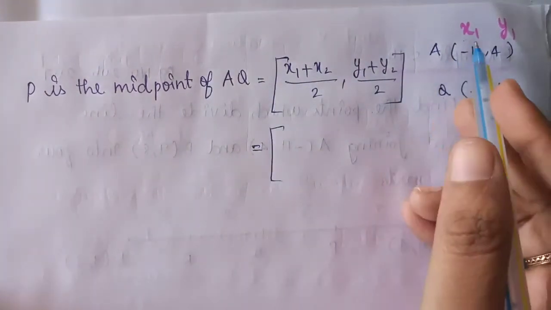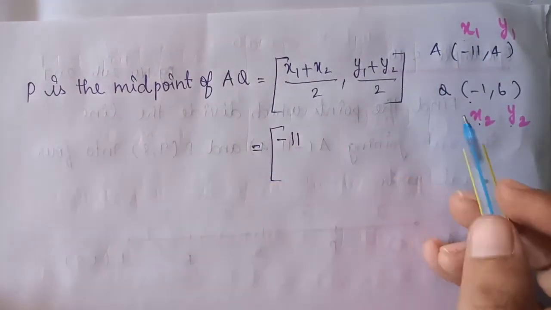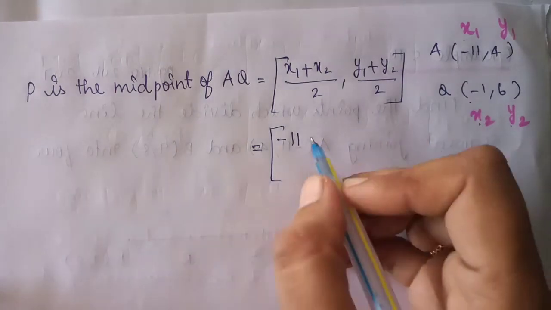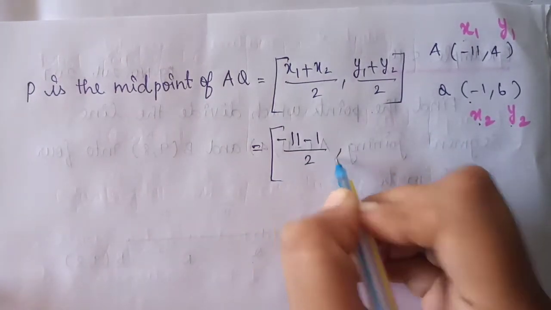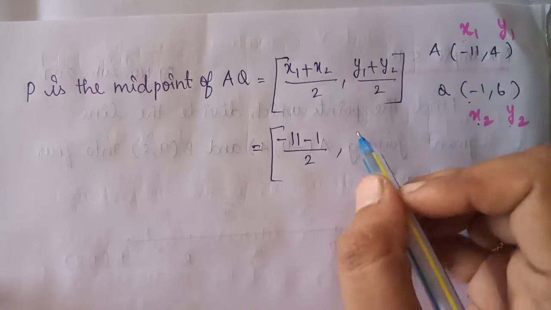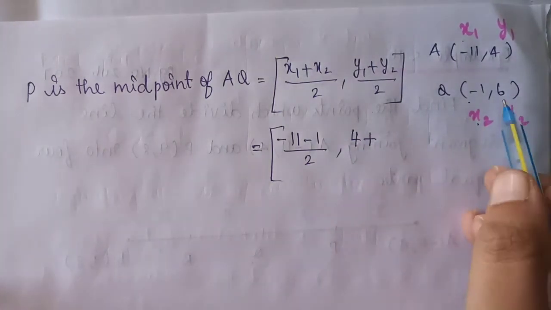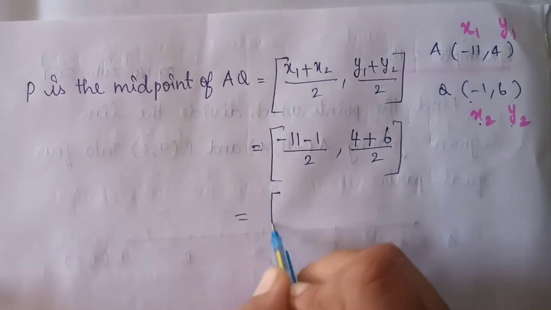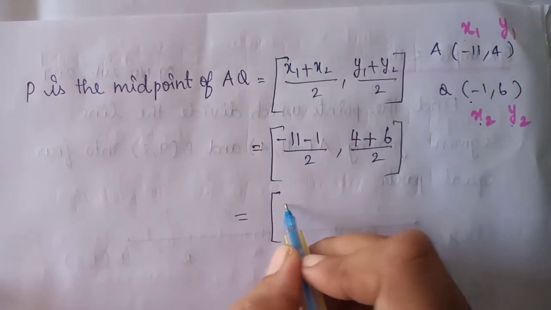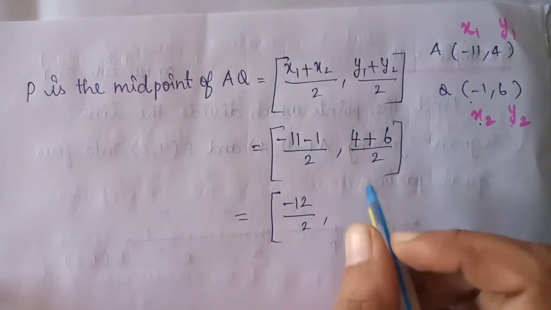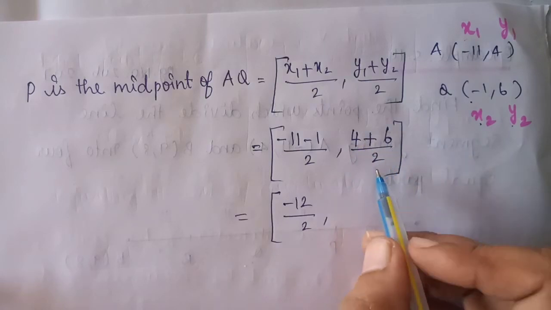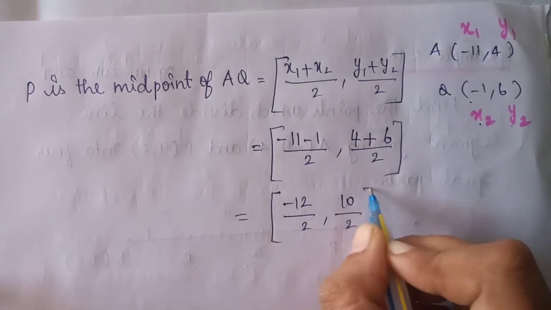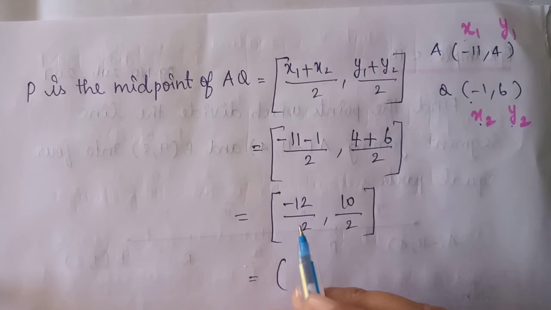You get x1 value is -11 and x2 value is -1, so (-11 - 1)/2, comma, (4 + 6)/2, which is equal to (-12/2, 10/2), which is equal to (-6, 5).